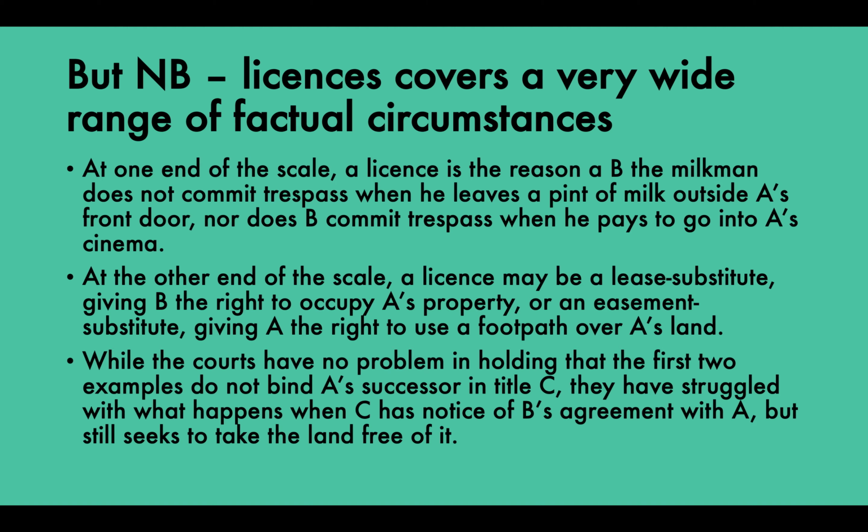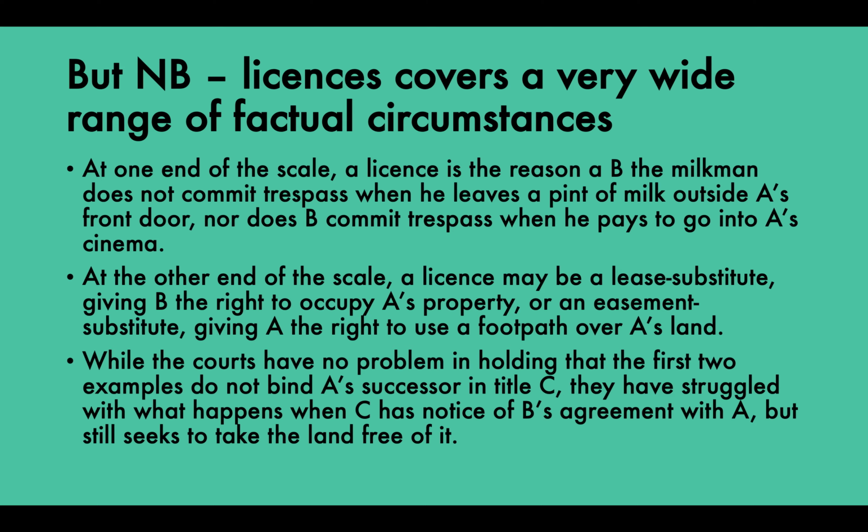While the courts have no problem in holding that the first two examples do not bind A's successor in title, they have struggled with what happens when the successor in title has notice of B's agreement with A, but still seeks to take the land free of it. So if A and B have a license, but C, the subsequent purchaser of B's property, has notice of A and B's license, is he bound by the license, or should he take free of it?